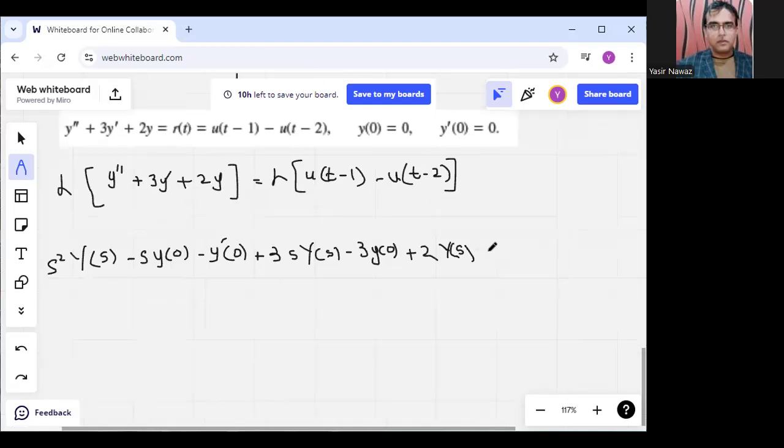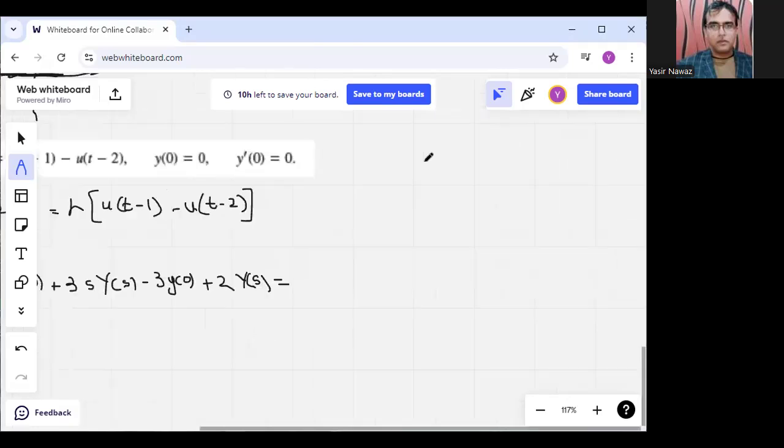And now the Laplace transform of the unit step function. What is the Laplace transform of the unit step function? Suppose it is u(t minus 1) times some other function f of t.